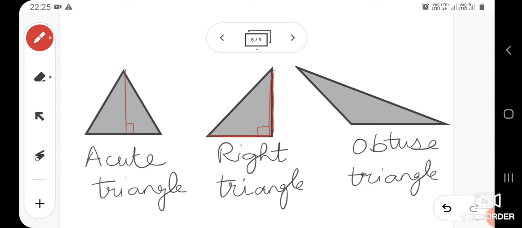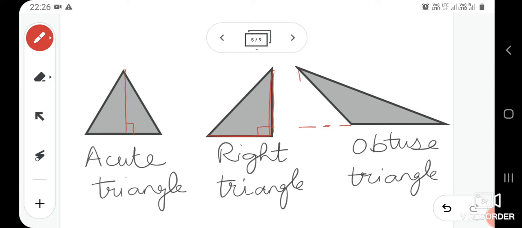Now for an obtuse angle triangle, if you try to draw a perpendicular, it is coming out. We cannot draw a straight line inside the triangle. So in case of an obtuse angle triangle, what we need to do is extend this baseline. Like this we can extend it, and then we can draw the altitude.